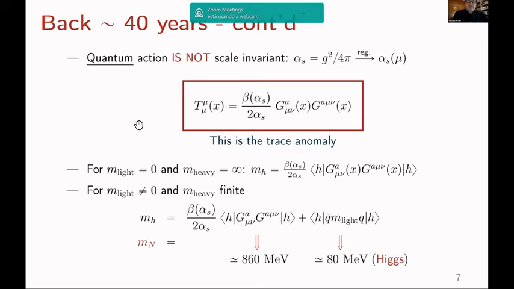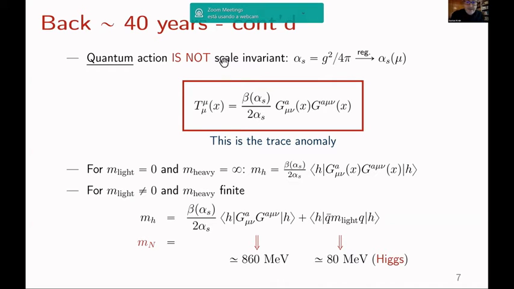Once you introduce a regularizer, it doesn't matter whether dimensional regularization, cutoff, whatever, you have to introduce a mass scale. Once you have this scale in your theory, you don't have scale invariance anymore.